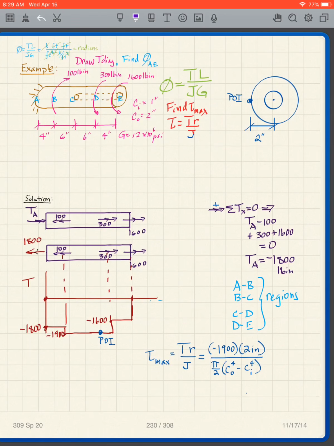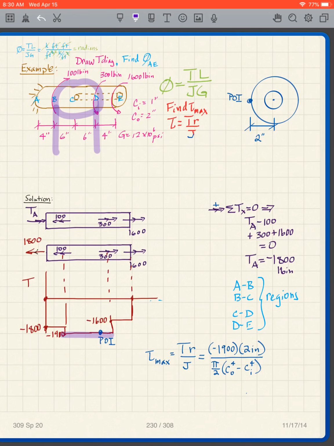In this particular case, what do I see? I have my maximum torque in this region, and that region encompasses both the solid portion and the hollow portion. So where is my tau max going to be?